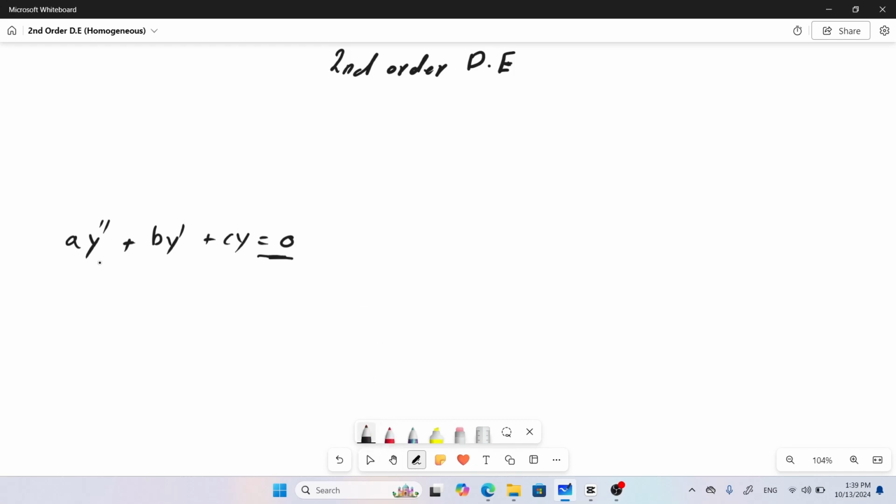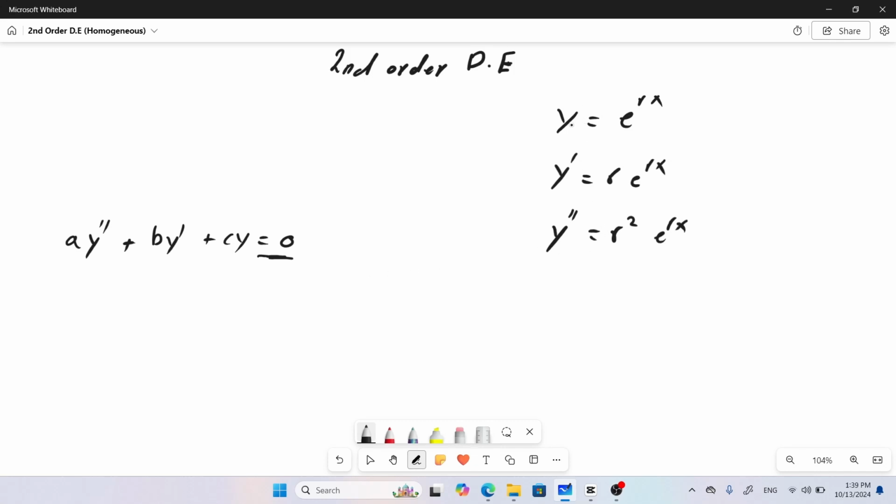And how do we solve this equation? For example, a typical solution would be y is equal to exponential rx. If we take the derivative of exponential rx, we have y dash is equal to r exponential rx, and if we take the second derivative of that, we get r squared exponential rx.